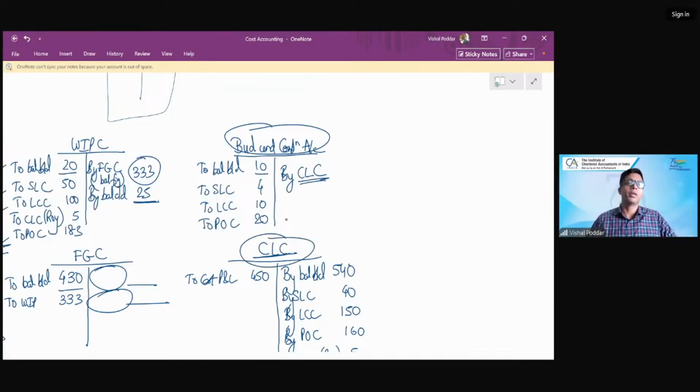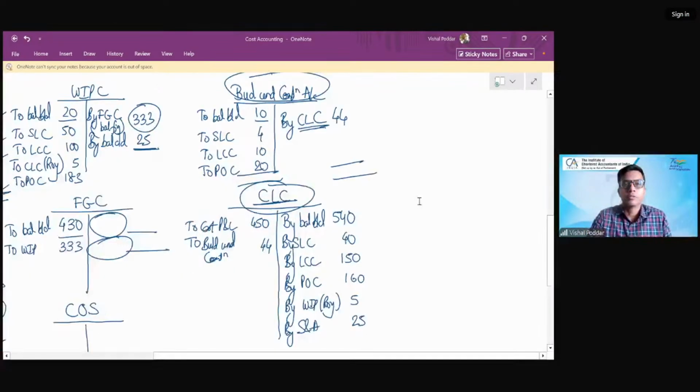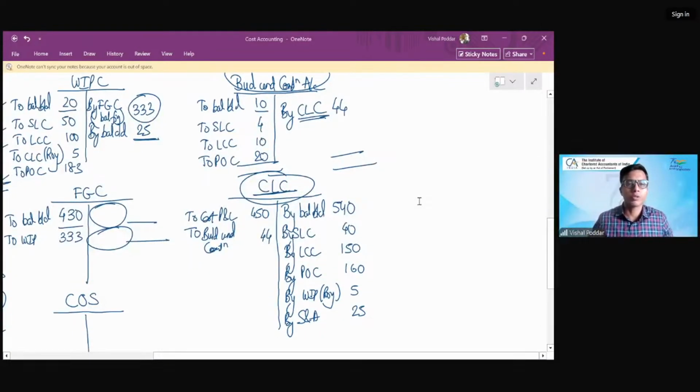So now, since the building is complete, let us transfer it to its main account, which is the asset account, which here is represented by the CLC. So it is coming to 44. Yes, correct, Tejaswin. Correct, Anurag. So this account is also closed.